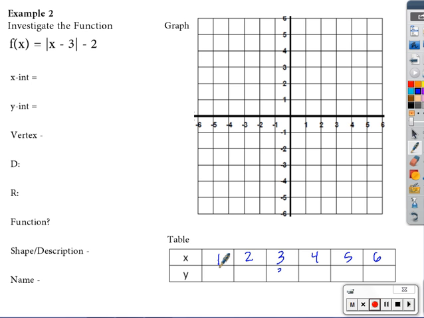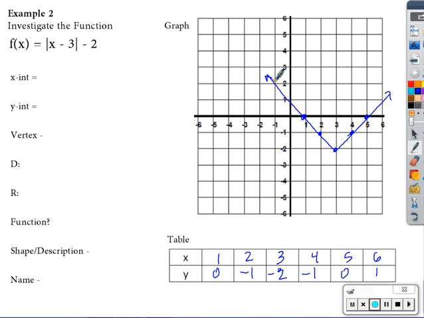Okay, when I plug those numbers in to my table, I'm going to get some y values, and again, I'm going to use the graphing calculator for a lot of this. So negative 2, negative 1, and negative 1, 0, and 1. When I plot these points, this is what I end up getting for my graph.